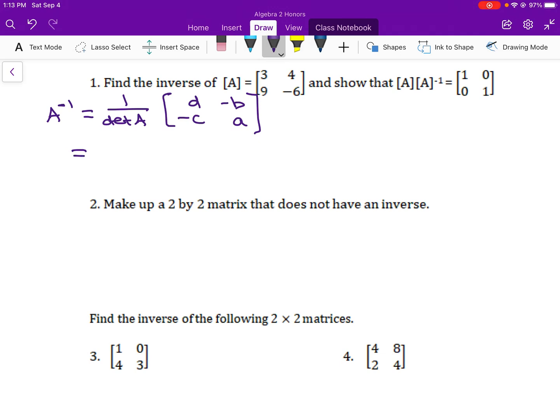Okay, so first of all, the determinant of my matrix up at the top here would be 3 times negative 6 minus 9 times 4.